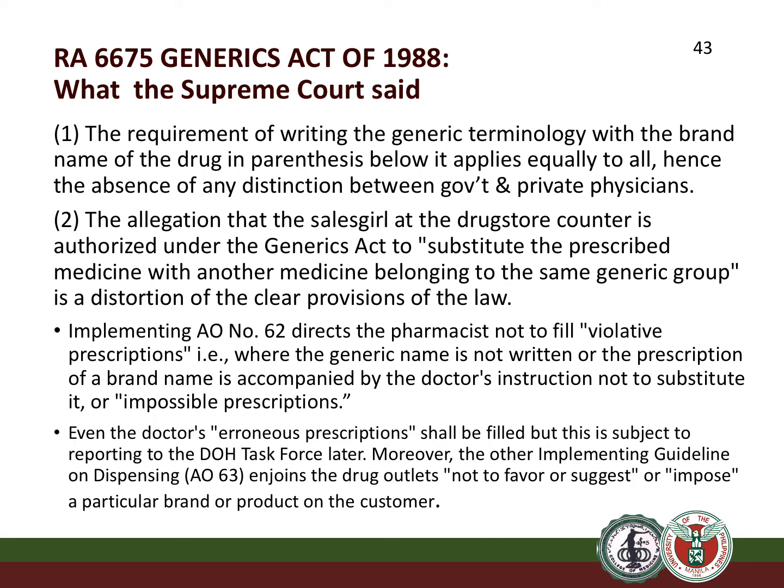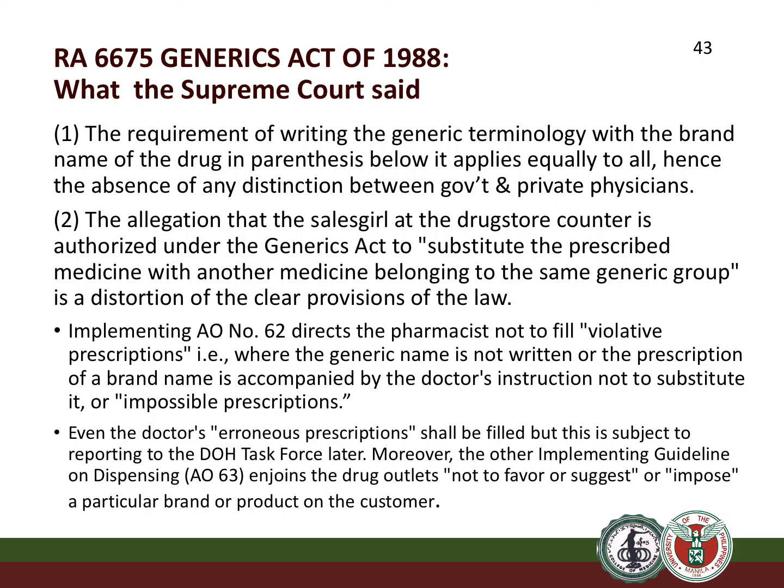So what the Supreme Court said is that the requirement of writing the generic terminology with the brand name applies to all physicians, whether government or private physicians. It applies to all. The allegation also that the sales girl at the counter is going to substitute the prescribed medicine with another medicine belonging to the same generic group is a distortion of the clear provisions of the law, because it's not the sales girl who will make that decision.